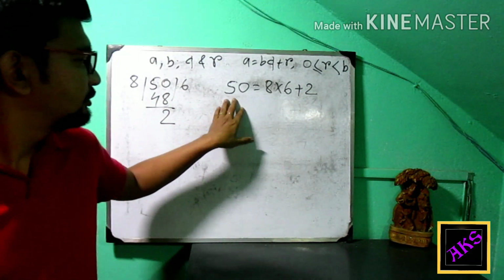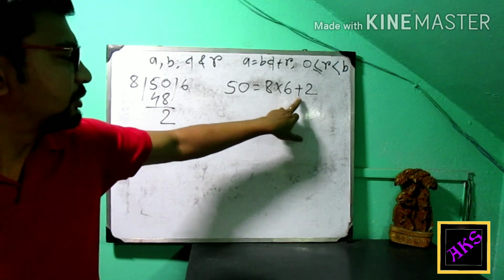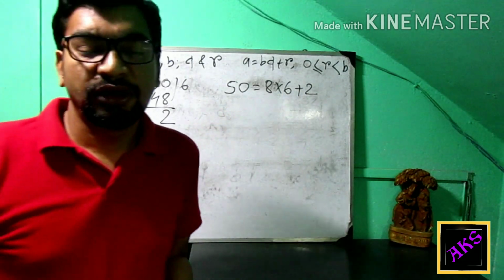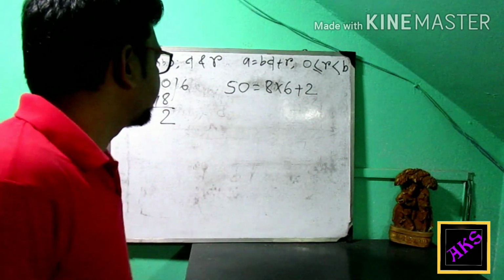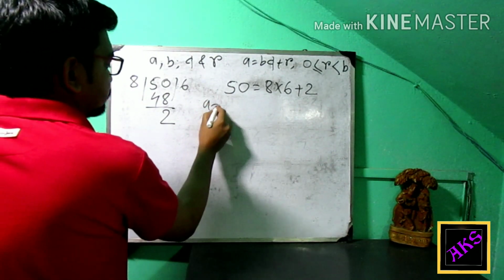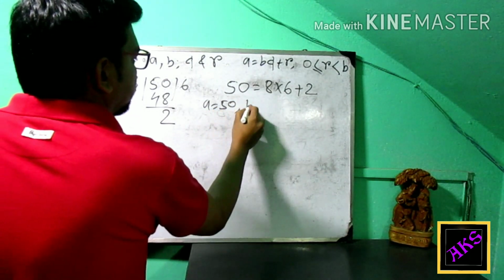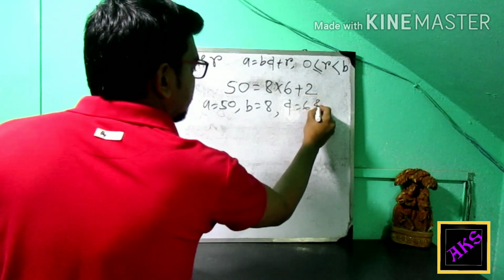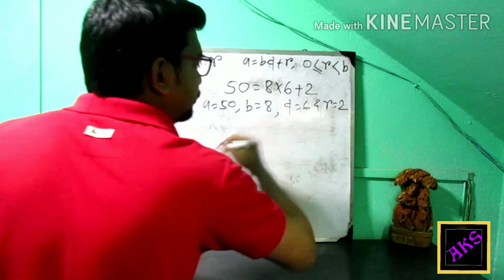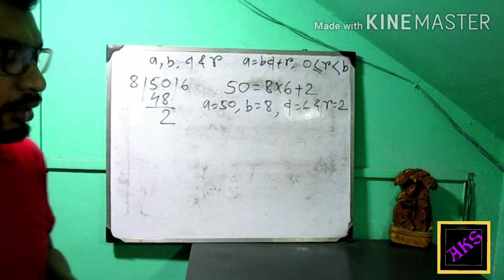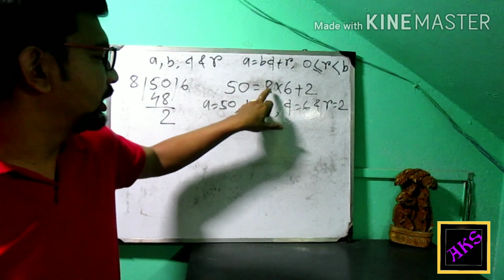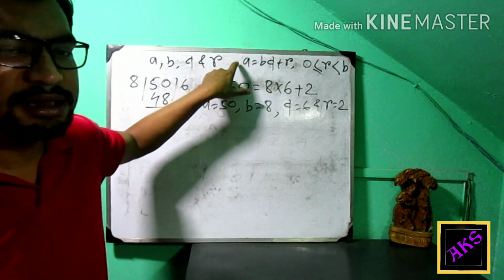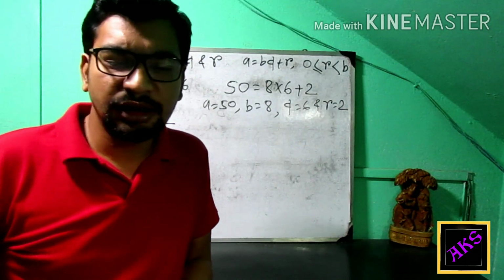Look at this. 50 equal to 8 into 6, that is 48, plus 2, that means 50. 50 can be expressed in this format too. Here a equal to 50, b equal to 8, q equal to 6 and r equal to 2. If we compare this with this form, clear?